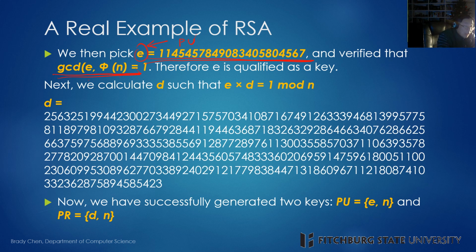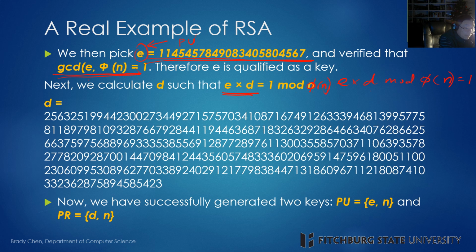Okay, so the next step is I want to calculate the multiplicative inverse of E modulo n. So E times D equals 1 modulo n. So that means I want to find D such that E times D modulo phi of n is 1. Sorry, this is phi of n, not n.